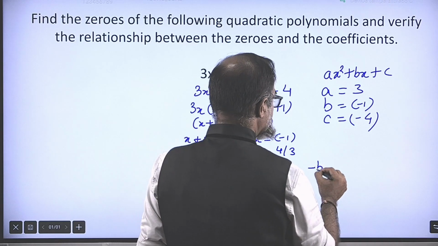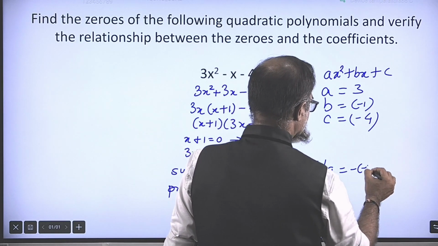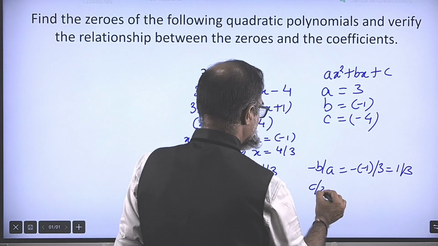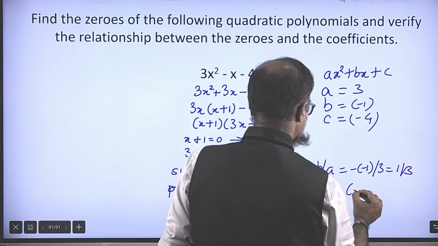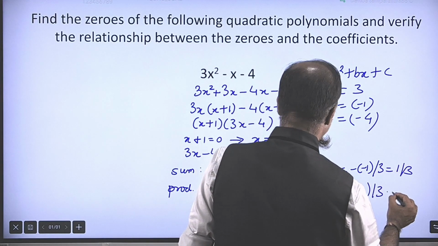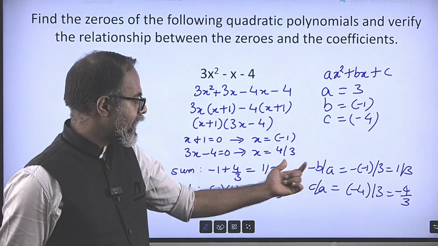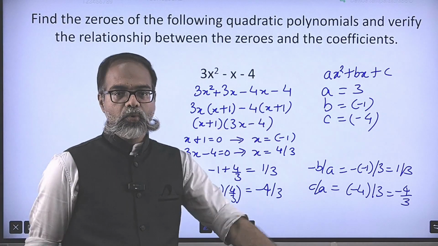So minus b upon a is minus of minus 1 upon 3, which is 1 upon 3, and c upon a is minus 4 upon 3. So again I get sum is minus b by a, product is equal to c by a.